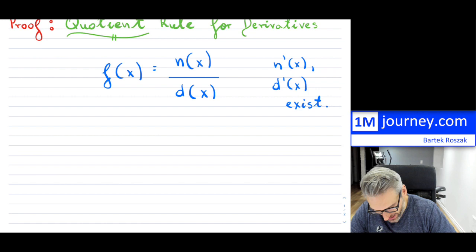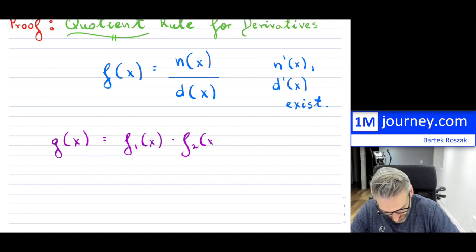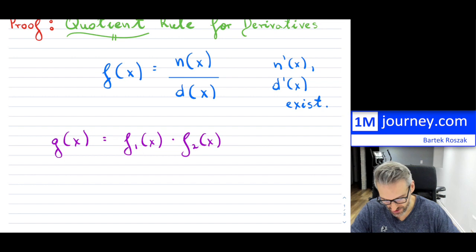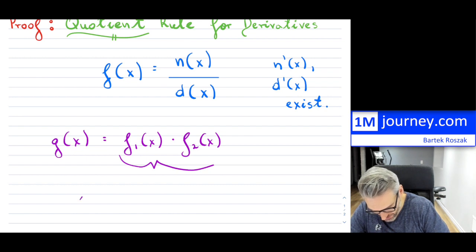Now, if I had a function, and let's call this function g of x, and this function was made up of two functions, let's say f1 of x multiplied by f2 of x, so it's a product of two functions, then we know by the product rule that the actual derivative becomes f1.